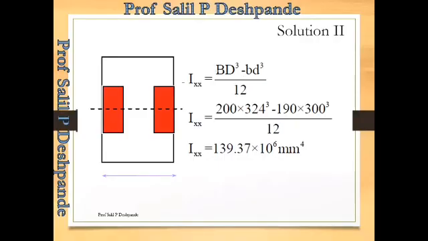Capital B is the B of the whole rectangle. Capital D is the depth of this rectangle. Small b is going to be this plus this, and small d is going to be this.